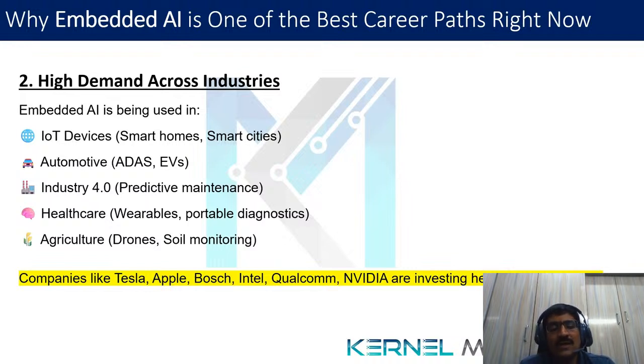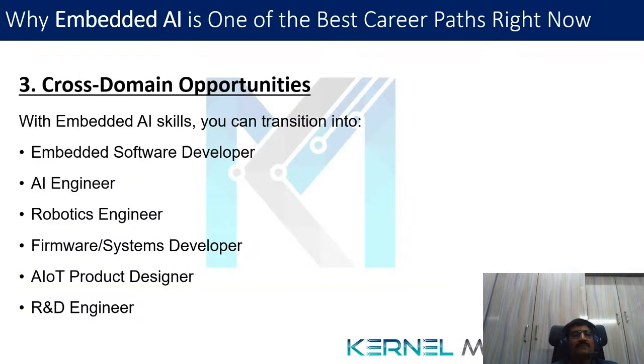Tomorrow you can get opportunities with very big companies like Tesla, Apple, Bosch, Intel, Nvidia, Qualcomm, ARM, and many more. Semiconductor companies or product-based companies offer many opportunities. Third one, cross-domain opportunities.